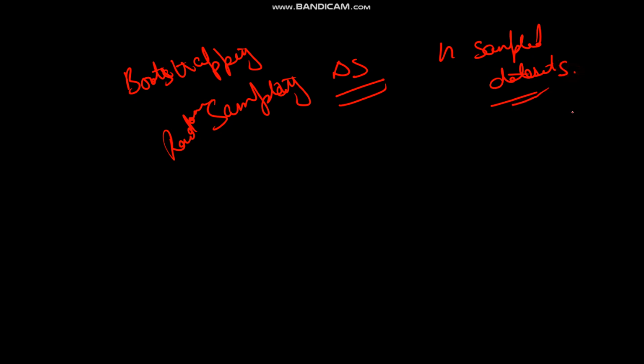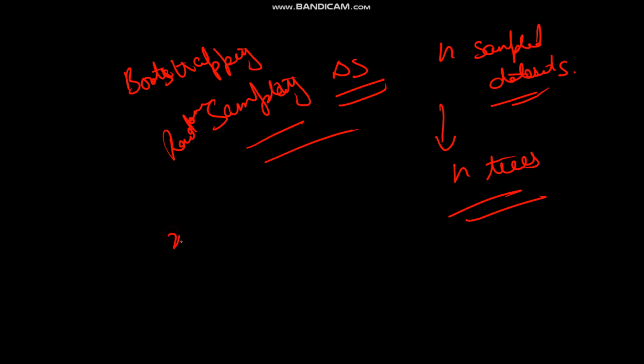So the important thing that we need to remember over here is we are creating the decision trees by using bootstrapping, or that is random sampling data sets. So we will create n sampled data sets, and for these n sampled data sets we are picking the random samples. For those we will create n trees.